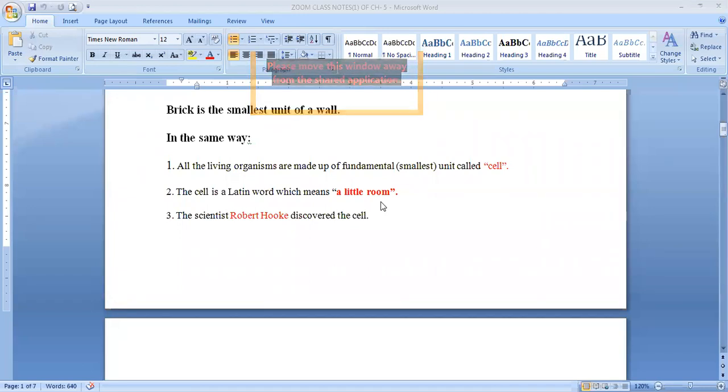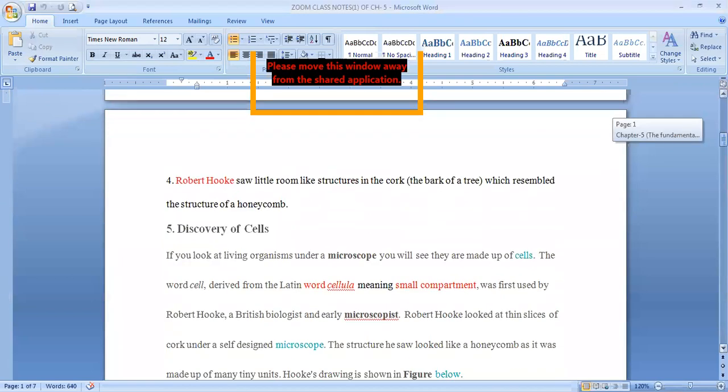A box-like structure. So the scientist Robert Hooke discovered the cell for the first time in 1665, right? So you can say the cell was discovered by the scientist Robert Hooke. Robert Hooke, while observing cork, what do you mean by cork?